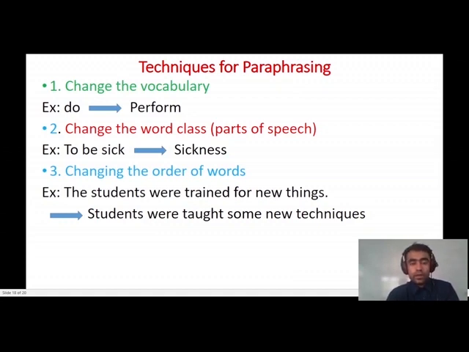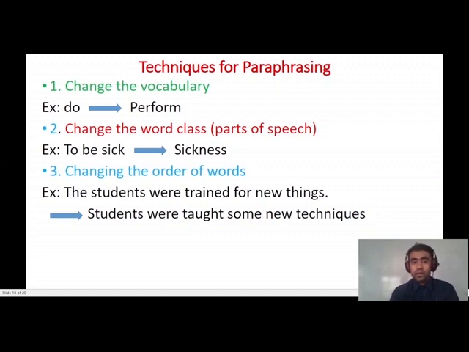So you can change the parts of speech. If the word used by the original author is a verb, you can change it to a noun. If it is a noun, you can change it to a verb. The third thing is changing the order of the words.